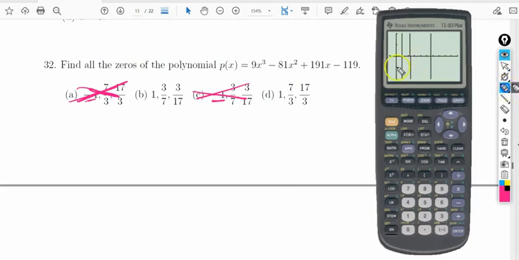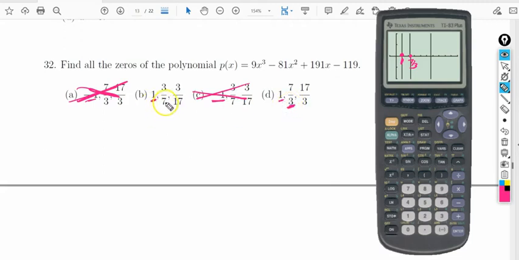Okay, so I've got 1. I have an x-intercept at 1, so I have a 0 at 1. And then we've got 7/3. So this is where 2 is. 7/3 is a little bit bigger than 2. Okay, so that agrees with that.